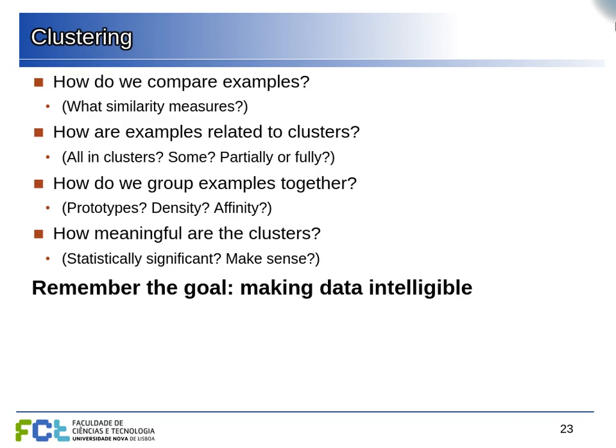So basically, we need to decide a lot of things when we're trying to do clustering. We need to decide on the similarity or difference measures by which we're going to determine which points are closer to each other. We need to determine the relation between the examples and the clusters: if all of the examples are in a cluster, if only some of them belong to clusters.